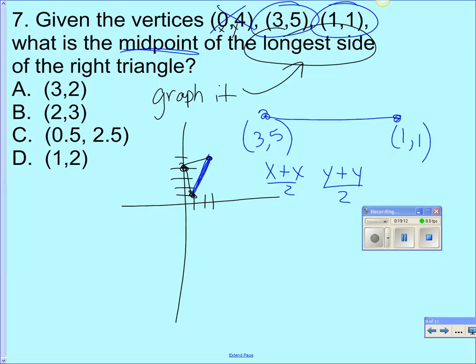Very good. So Gracie, what goes in for x plus x? Very good. And Ethan H, what goes in for y plus y? Okay. And Andrew, tell me what you get for the answer.